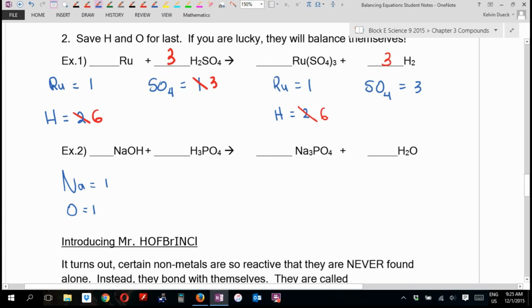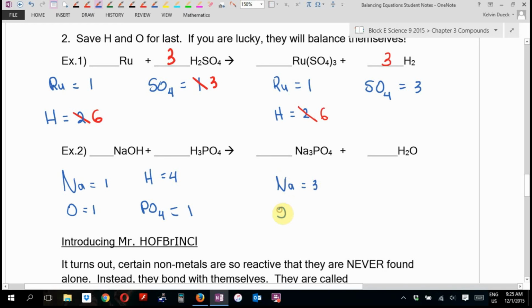How many H's are there on the left-hand side? Careful. 4. 3 here, 1 here. Wow, 4 of them. And how many PO4s are there? 1. On the right-hand side, how many Nas are there? 3.